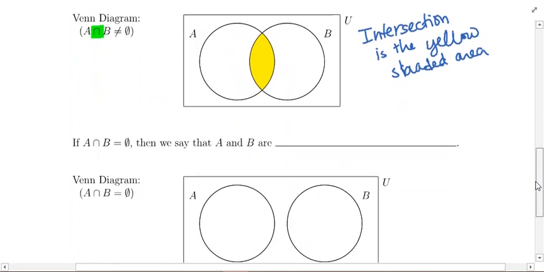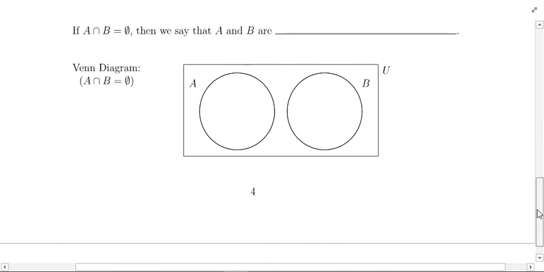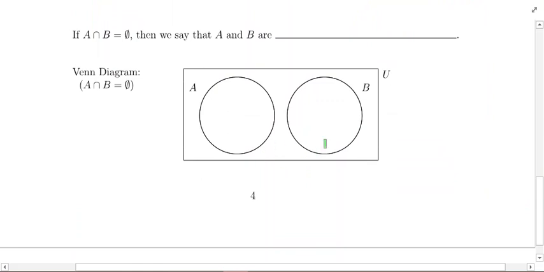So the Venn diagram would actually look like what is right here. You still have your universe, and A and B are separate sets within that universe, but there's no overlap between the sets. That means that they have absolutely nothing in common. So this is what the Venn diagram would look like in that situation.